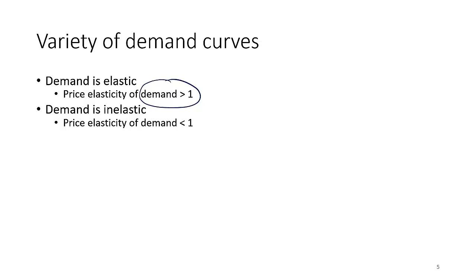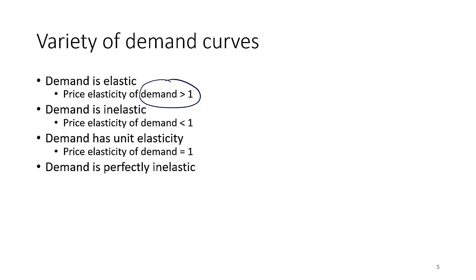If the number you calculated is less than 1, then it's inelastic, which essentially means that if price changes by 1%, quantity demanded is going to change by less than 1%. Demand is unit elastic if it is equal to 1, which means a 1% change in price leads to a 1% change in quantity demanded.